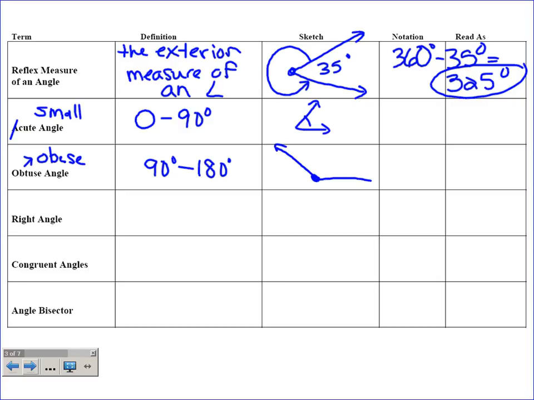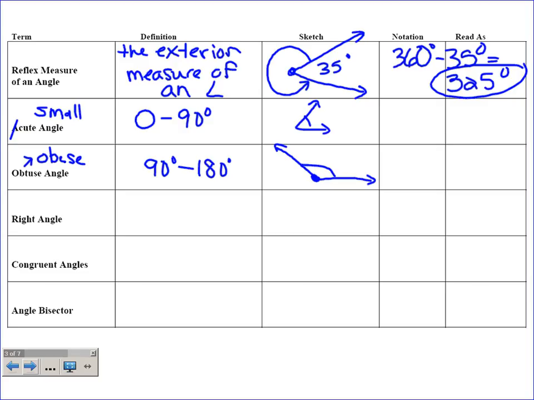Don't say obese. So all the way up to 180 degrees. If you're at 90 degrees, you're not obtuse. If you're at 180 degrees, you're not obtuse. You need to be between 90 and 180 degrees.